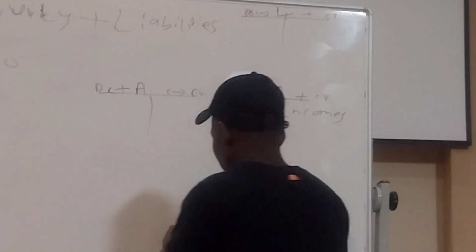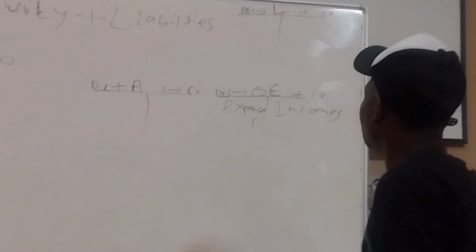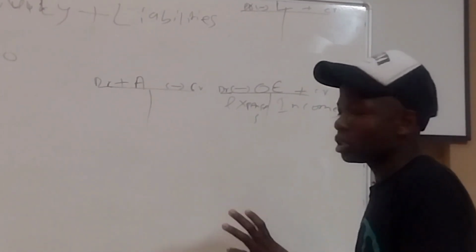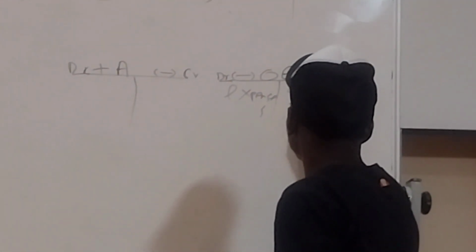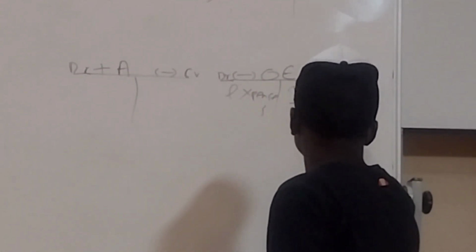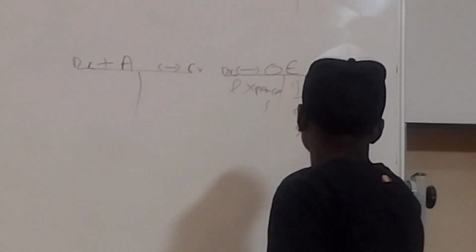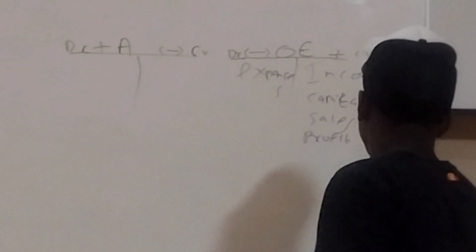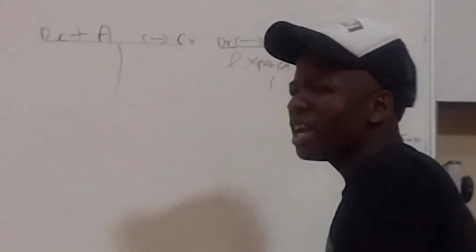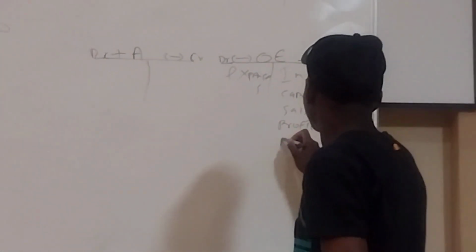The income accounts include whenever the owner contributes something to the capital account, sales, profit on sale of an asset, and any other income like discount received, as long as you are receiving something, donations received and whatsoever. So I can just write all of them.